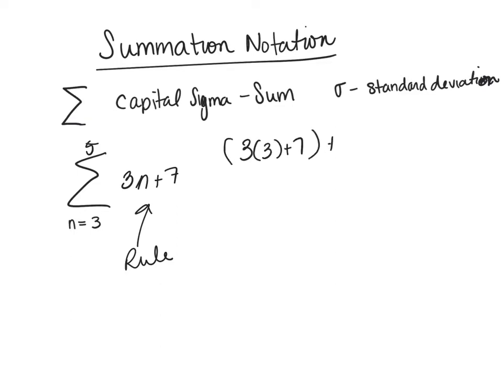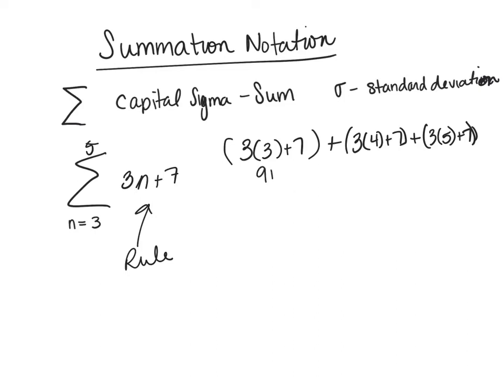And I'm going to add that to the next number, 3, 4, 5, all the way up to the 5. So 3 times 4 plus 7. And then plus 3 times 5 plus 7. So this is how you're going to do it by hand, writing each one out.